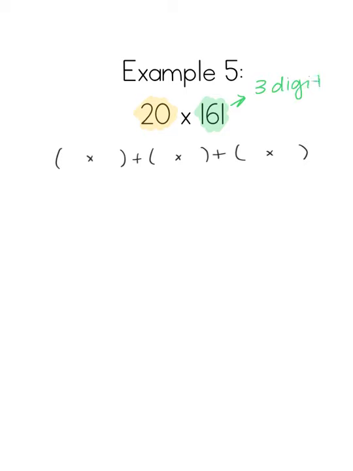That means it has 3 different place values, which means that I'm going to break it up into 3 groups. So each of these 3 groups will have the number 20. And then I need to break up the number 161 by place value. 161 breaks up into 100, 60, and 1. So that's how I would rewrite it using the distributive property, and now I can multiply.